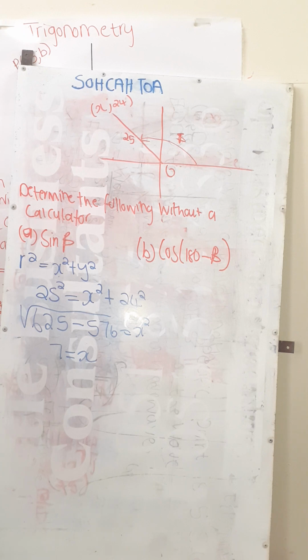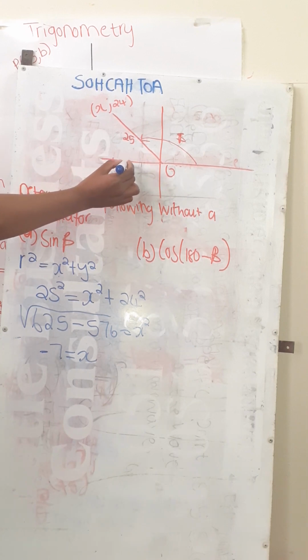That is the final. Because of the quadrants that we are given, this x is negative. Yes, so x has to be negative because here x is negative.